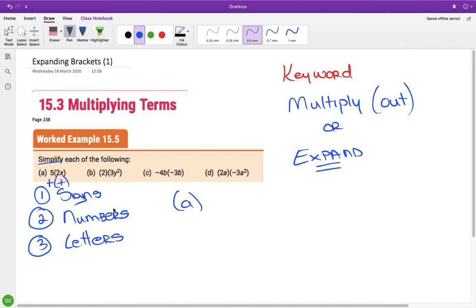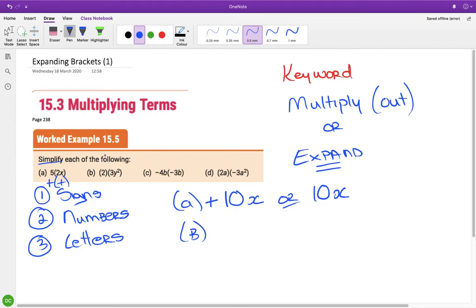Next would be numbers: 5 times 2. So we had a plus on the signs, a 10 for the numbers, and then we multiply any letters. There is only one letter in this one, which means it's just x. So the answer to part A is plus 10x, or just plain 10x, because we don't need that plus.